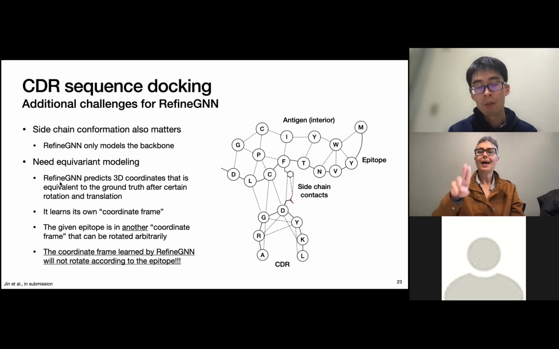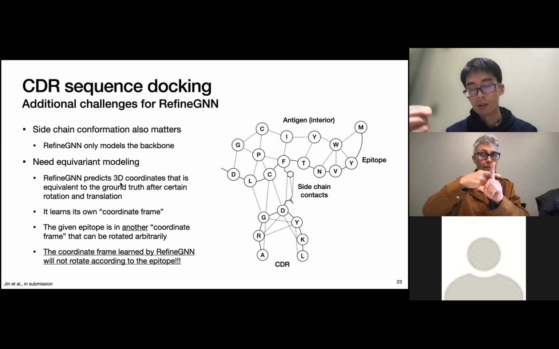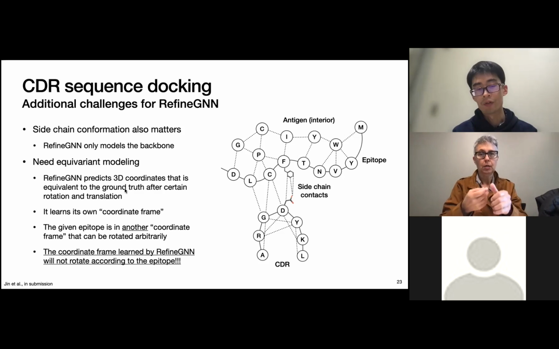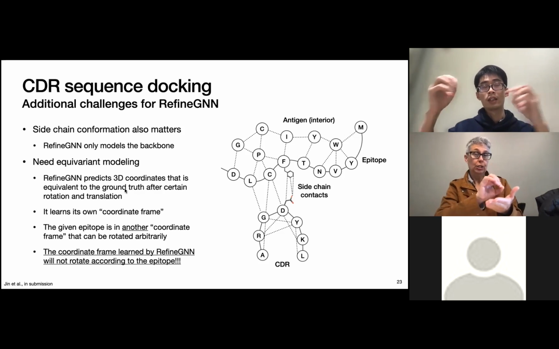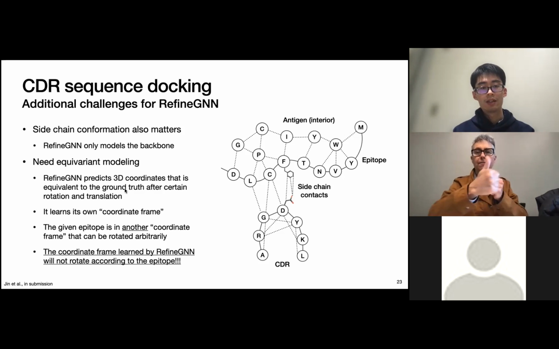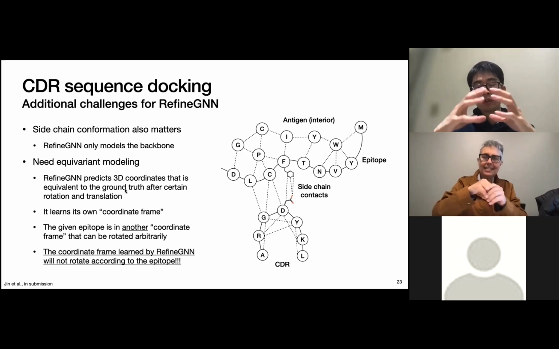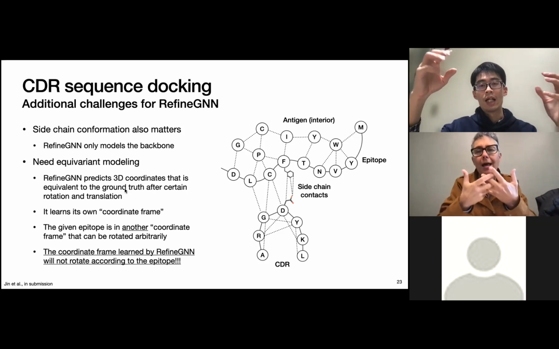This RefineGNN model that I showed before in the first part of the talk predicts the 3D coordinates directly, using a linear transformation from the hidden representation learned by the graph neural network. So it basically learns its own coordinate frame. Everything is right within its own coordinate frame, but it is not compatible with the antigen coordinate frame.